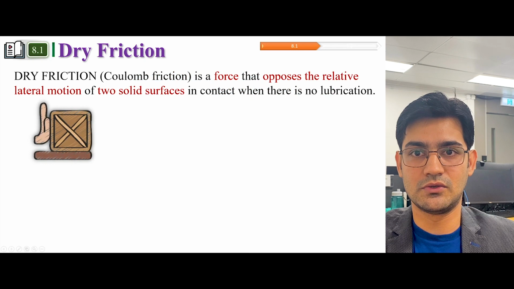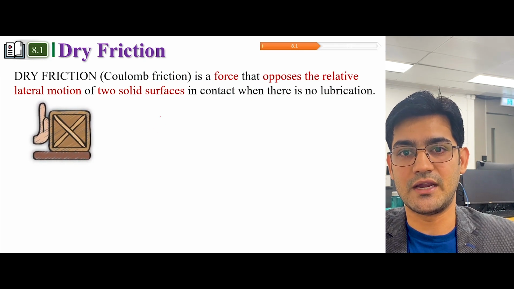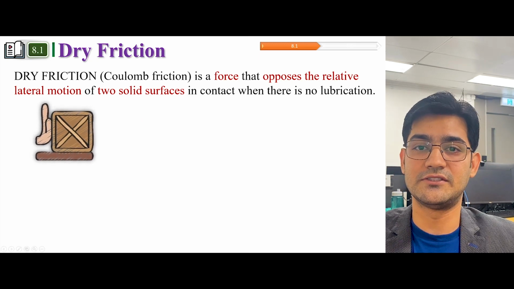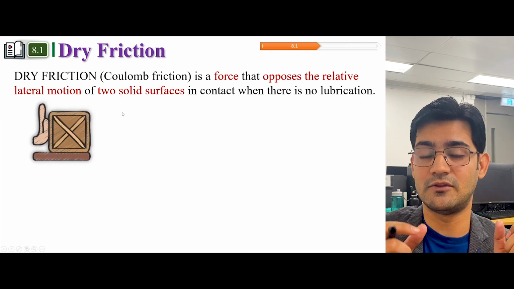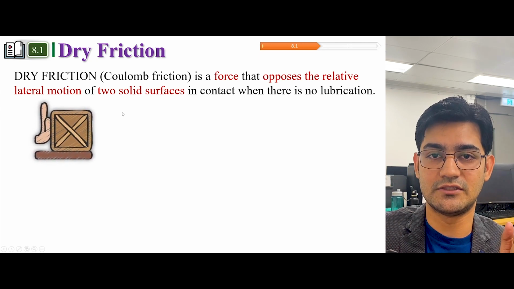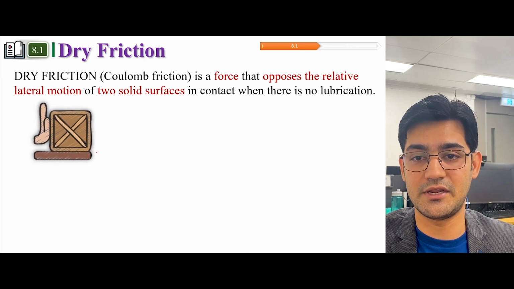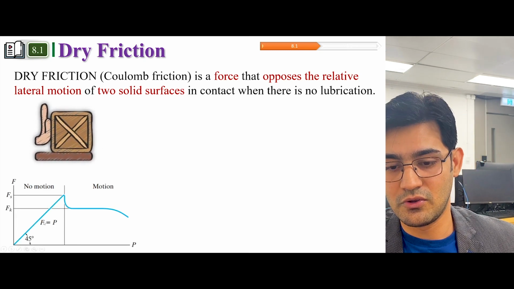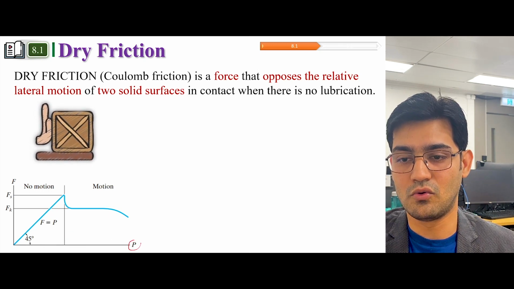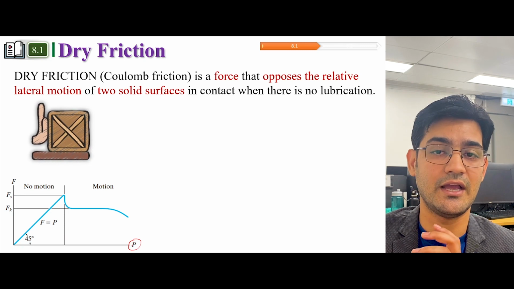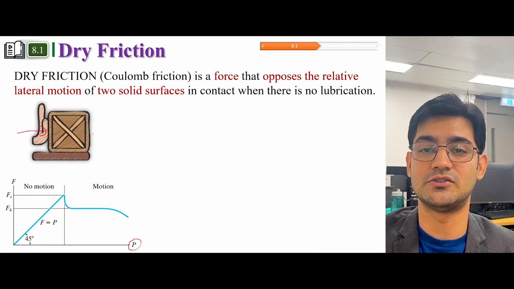Okay, so before going into numerical examples, let us try to understand how these frictional forces vary. We have already established that if the body is in equilibrium, then action forces and reaction forces are equal in magnitude but opposite in direction. So if we look at this figure, we have a load on the x-axis, which is the action force, that is a force of push we are applying on this solid surface.